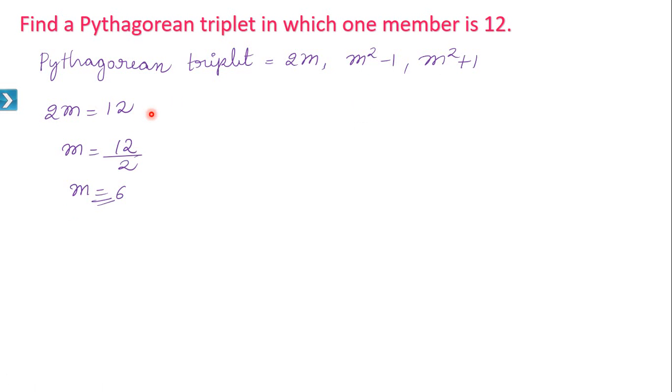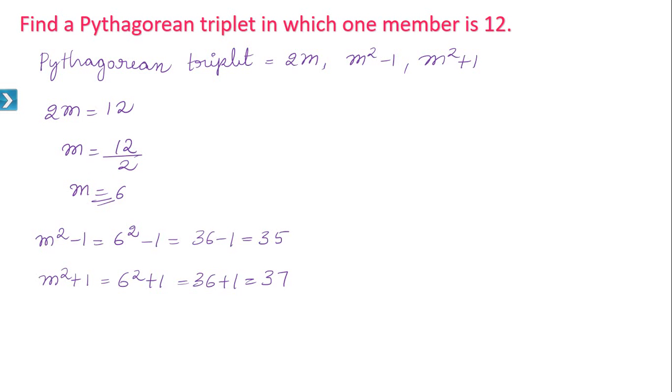Now, you can find the remaining numbers in the Pythagorean triplet. 2m is equal to 12, the remaining numbers are m square minus 1 and m square plus 1. Here the value of m is 6. So, m square minus 1 is equal to 6 square minus 1, that is 36 minus 1, which is equal to 35, and m square plus 1 is equal to 6 square plus 1, that is 36 plus 1, which is equal to 37.